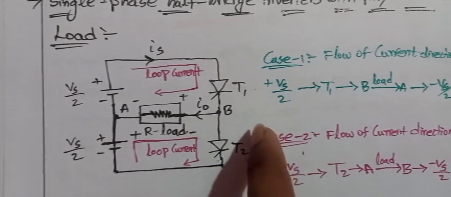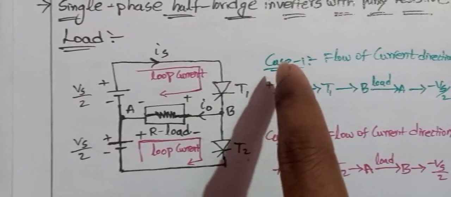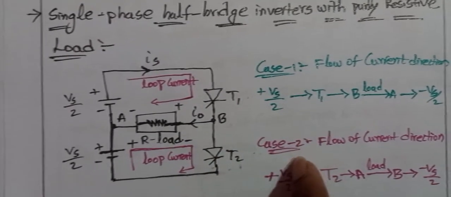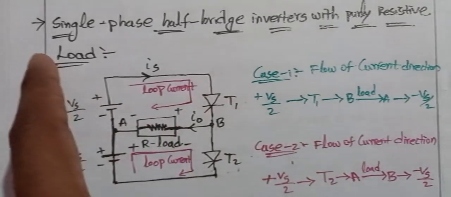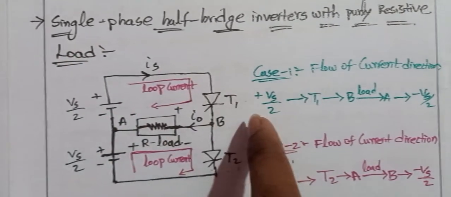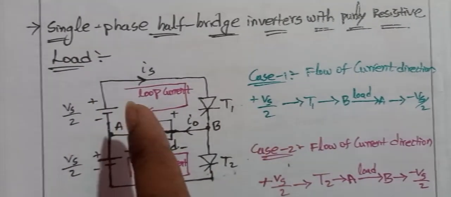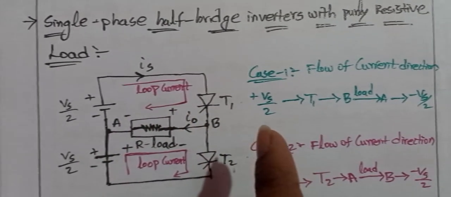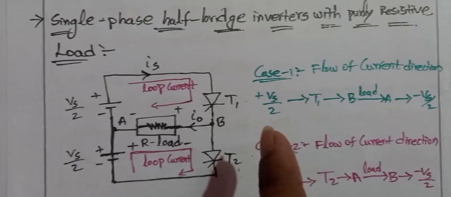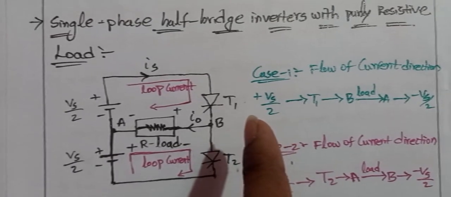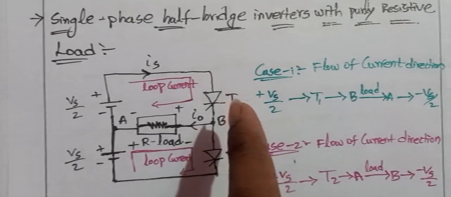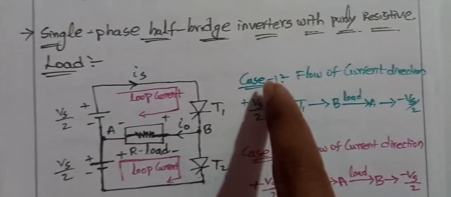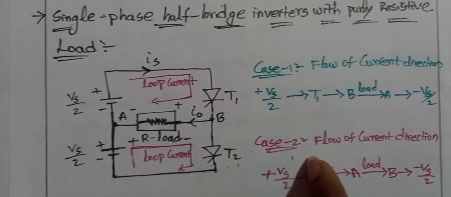In some textbooks they have shown diodes D1 and D2, so don't get confused. For a purely resistive load, even if there are diodes, they are of no use. Then we'll discuss the next topic, RL load, and you will understand the operation of T1, T2, D1 and D2.